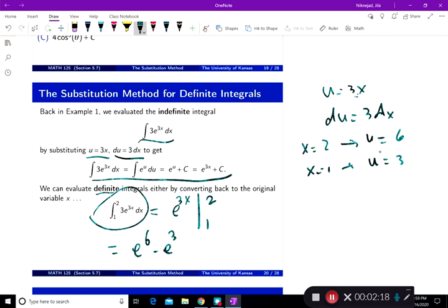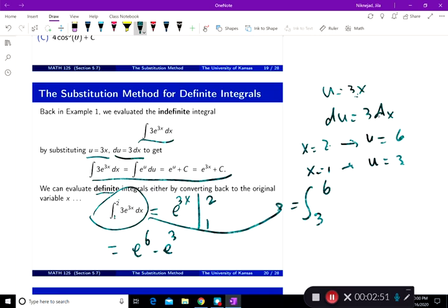So when you do this, then you change your integral. Instead of finding just the antiderivative and then using the fundamental theorem, you find the substitution, you find the bounds, then you use the fundamental theorem. So x equal to 1 down here should become 3, x equal to 2 up there should become 6.